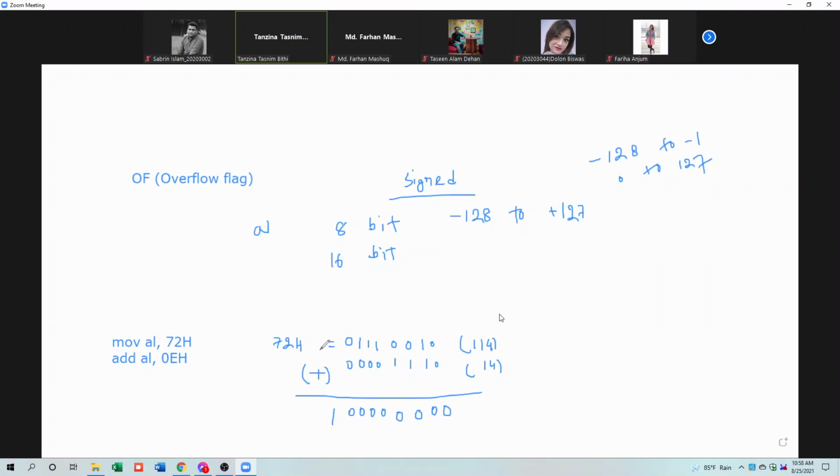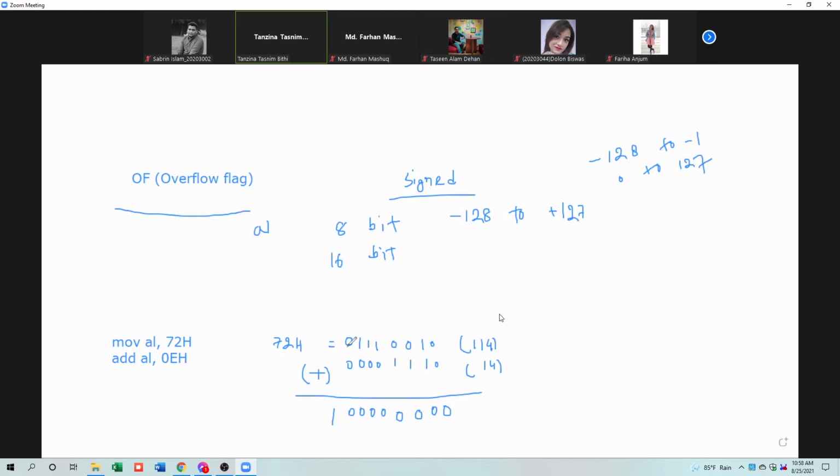Think about unsigned numbers. If 72H and 0EH, that is 114 and 14, are unsigned positive numbers, now look at the result. The result has a carry bit. At that time, the value of the carry flag register will be 1. But for the overflow flag register, we have to consider these given numbers as signed numbers.